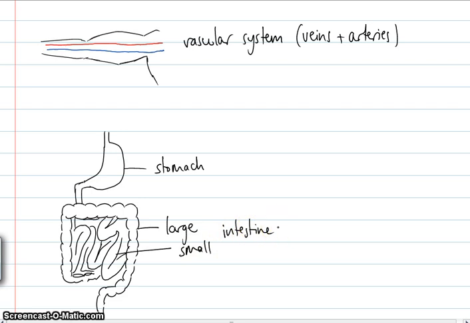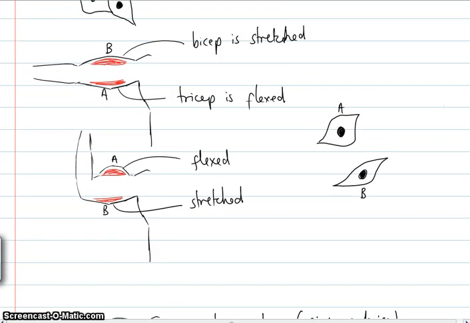Now all these are 4 different things. We've got the red is the arteries, the blue are the veins, stomach, large and small intestine, all of them are made up of smooth muscle, as opposed to the muscles we've seen here, which are made up of skeletal muscle.